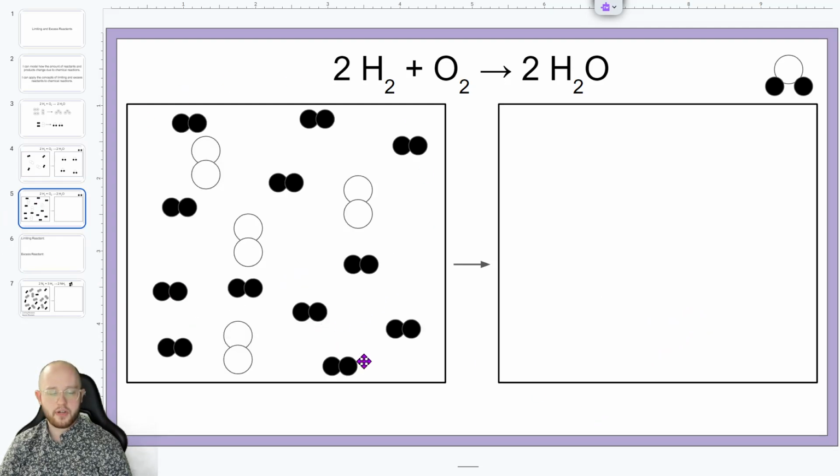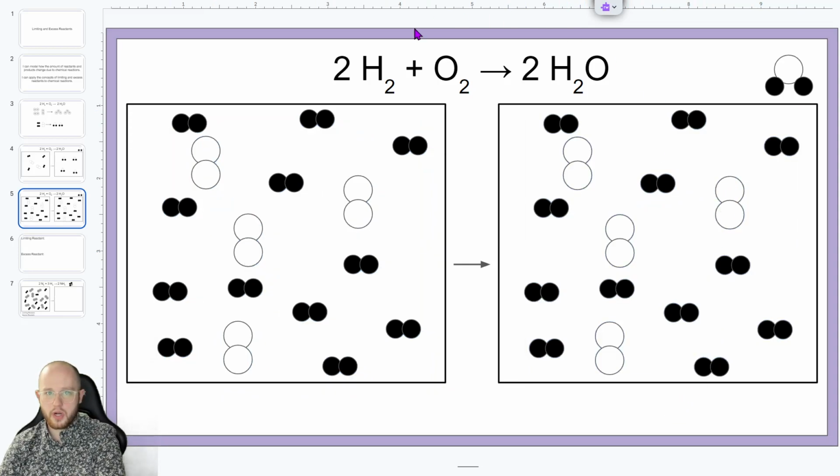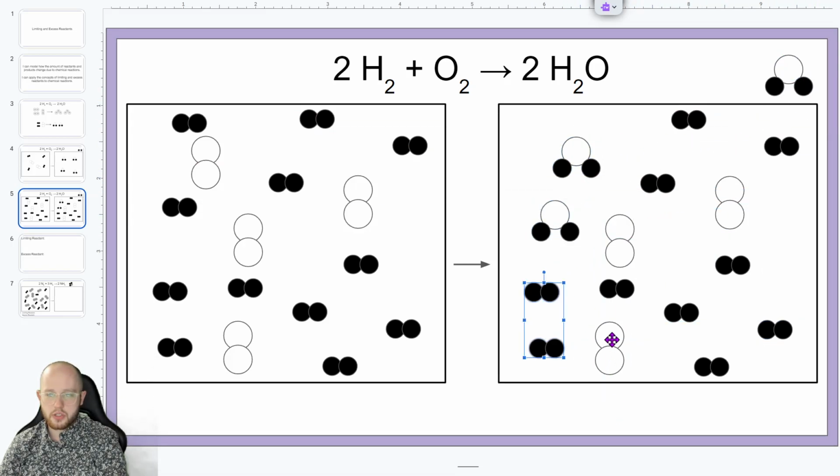Another example, where I have varying amounts. I'm going to do the same thing, just copy over, and start figuring out what I can make based on this reaction. So I have 2 hydrogens and an oxygen molecule. Those are going to react and give me 2 water molecules. I have another 2 hydrogens and an oxygen.